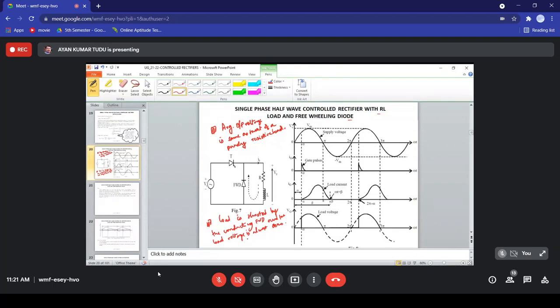So this improves the average output load voltage.